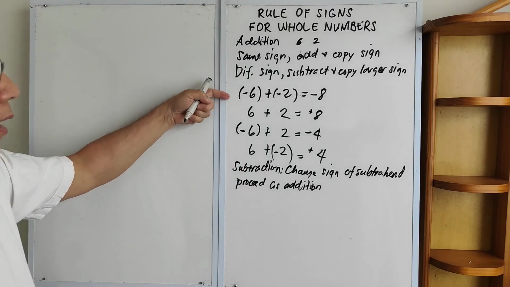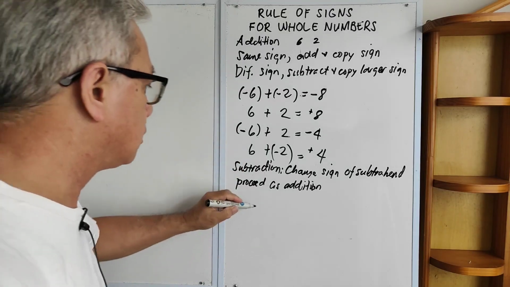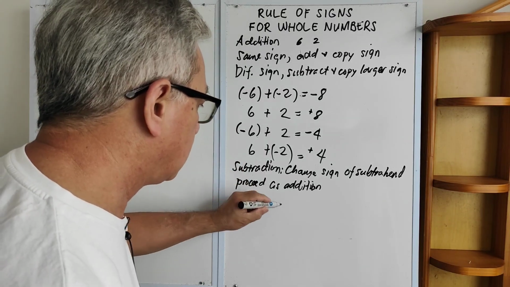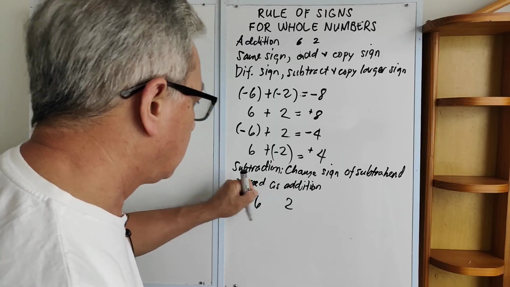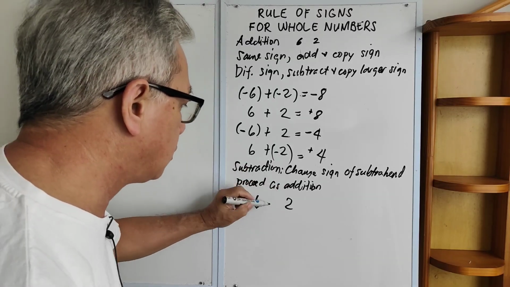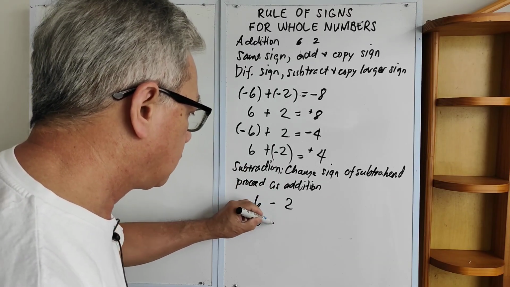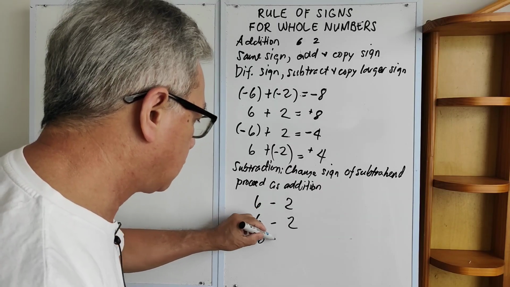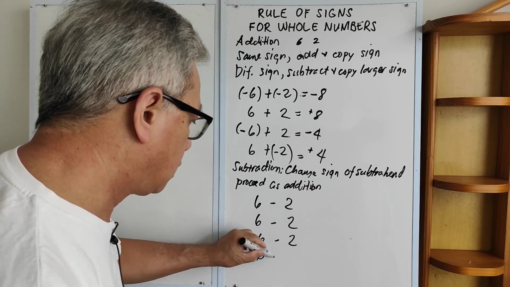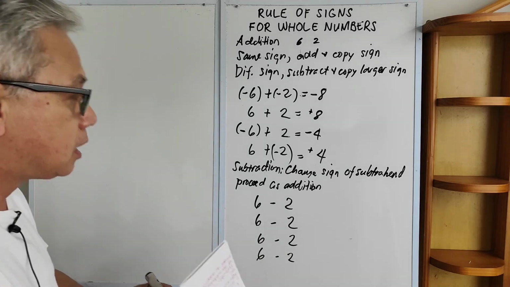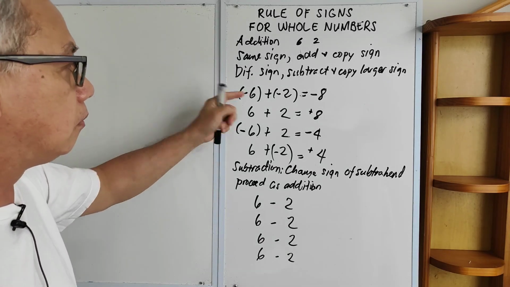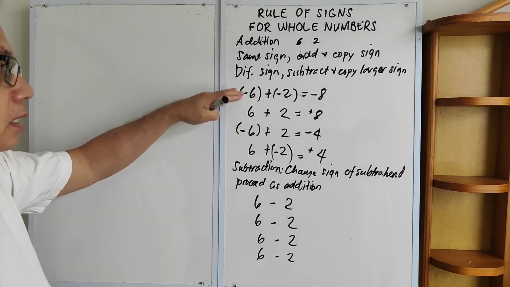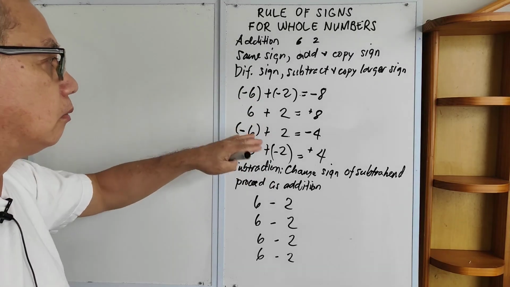Again, we will make 4 times, so 6 and 2. This time it's subtraction: 6 minus 2, 6 minus 2, 6 minus 2, and then 6 minus 2. Now the sequence of putting the negative sign, you can put it randomly.